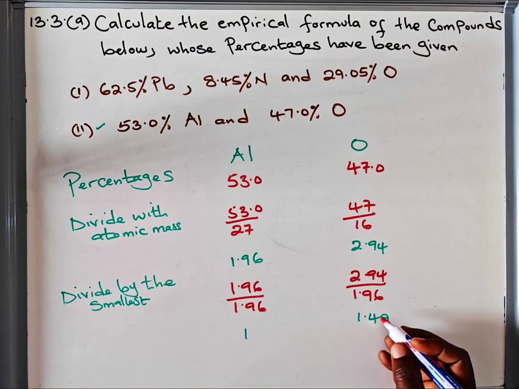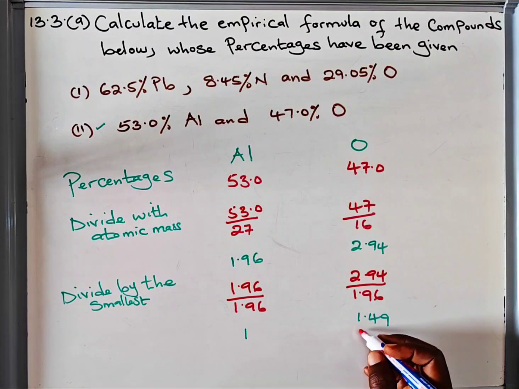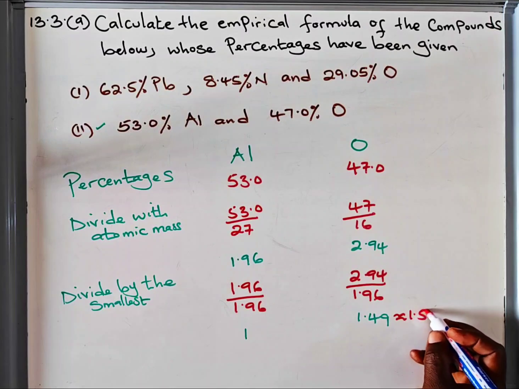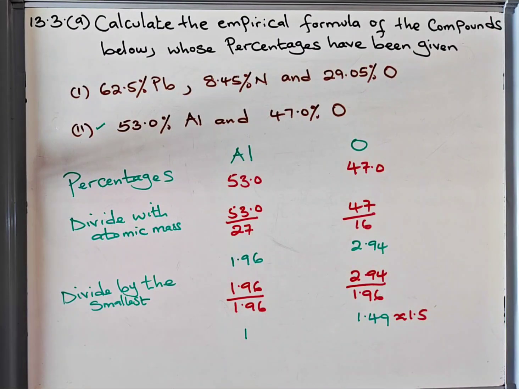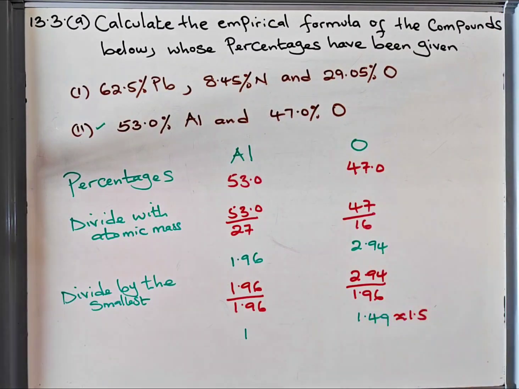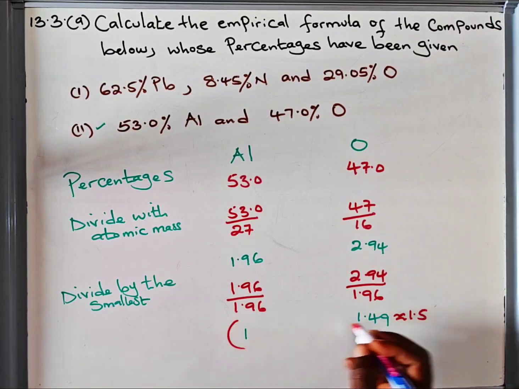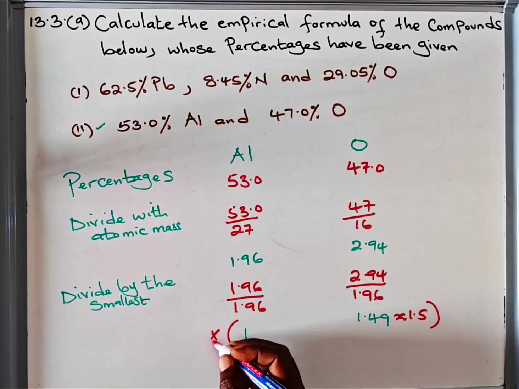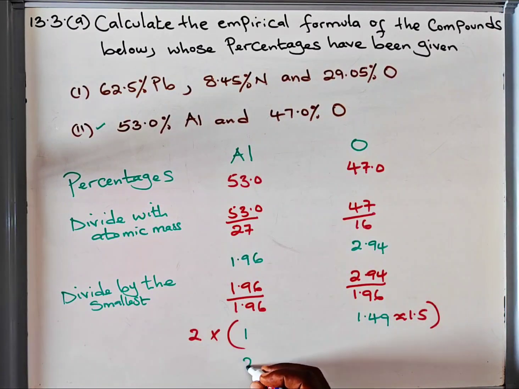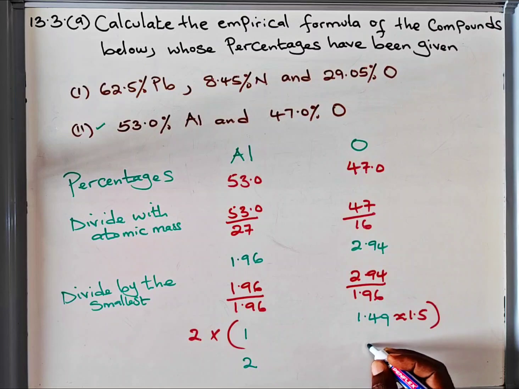When you reach this scenario where this one is 1.5 or 2.5, or where this number is not close to a whole number, what we normally do is multiply by 2. After that, what do we get? This one becomes 2 and this one becomes 3.